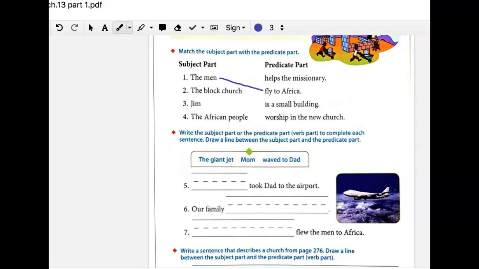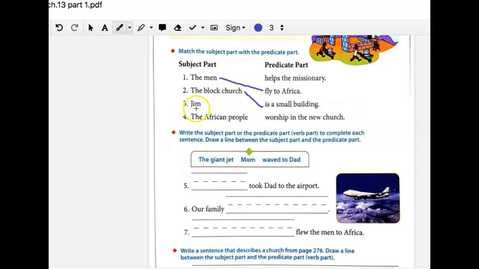Number 2, the block church: helps the missionary, is a small building, or worship in the new church. Well, the block church is a thing, so that means it fits best with is a small building. Number 3, Jim: helps the missionary or worship in the new church.